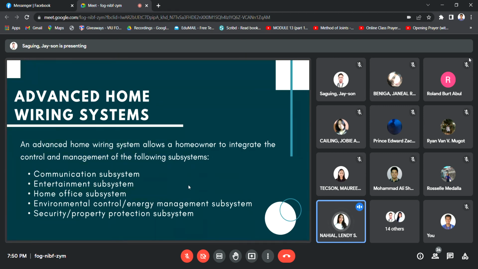The next is the environmental control or energy management subsystem, which covers control of heating, ventilation, and air conditioning, heaters, lighting, and other appliances. And the last subsystem is the security and property protection subsystem, which includes CCTV, control of entry gates and garage doors, and lawn irrigation.